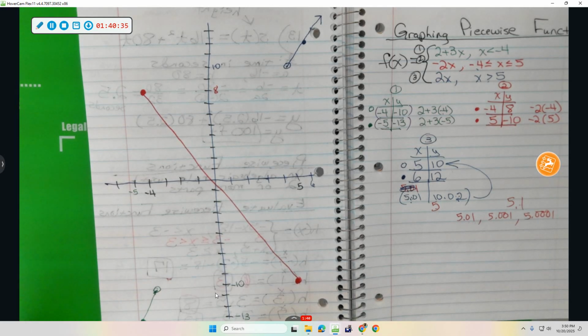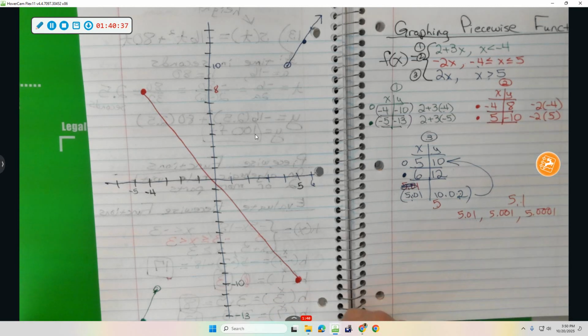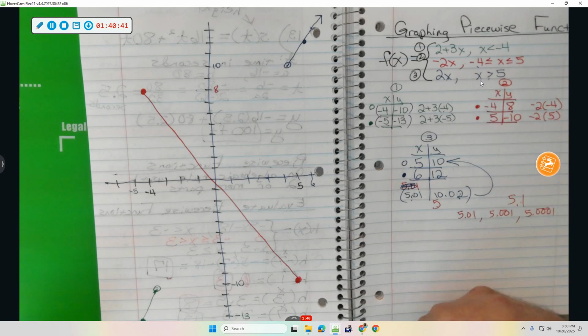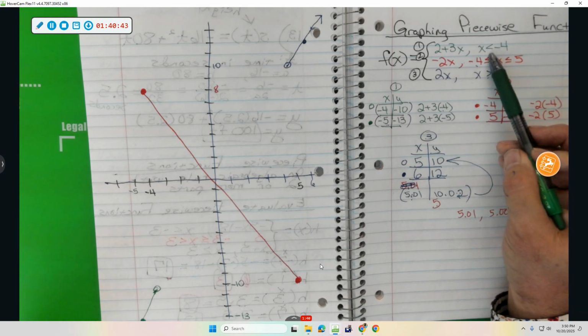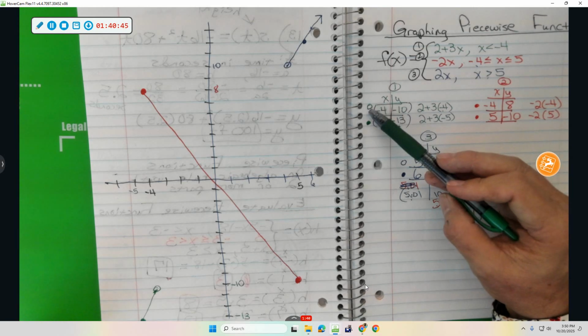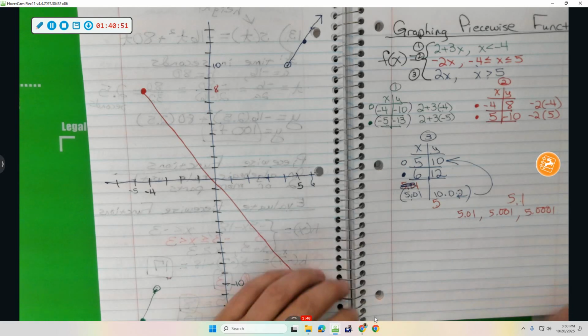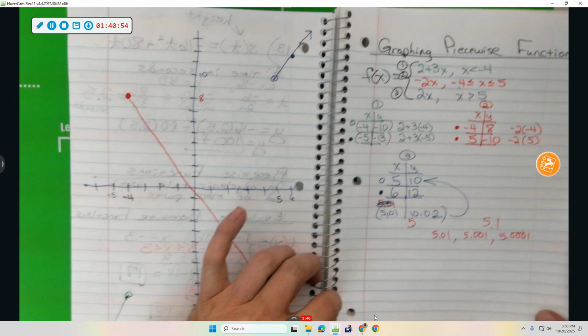So that is why you must start with the cut point, even if there's no equality. But if you're plugging in a cut point without equality, you indicate that using an open circle. Any questions there? So this is like a two-dimensional cut point.